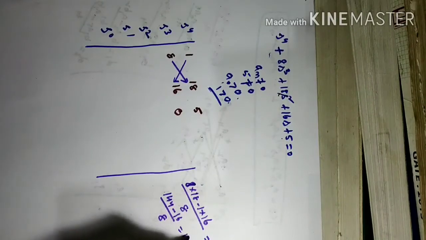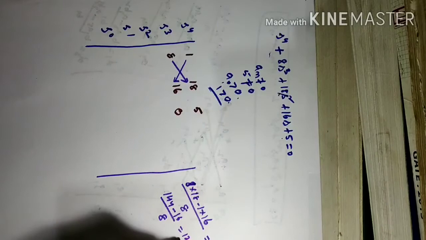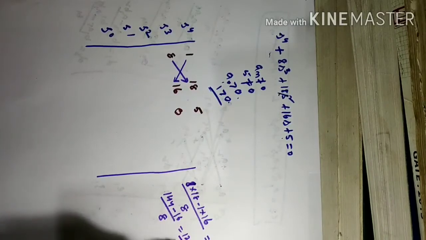So 128 by 8. Okay, how much do you get? 8.